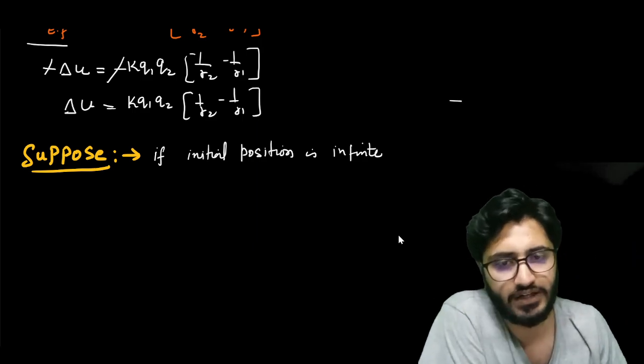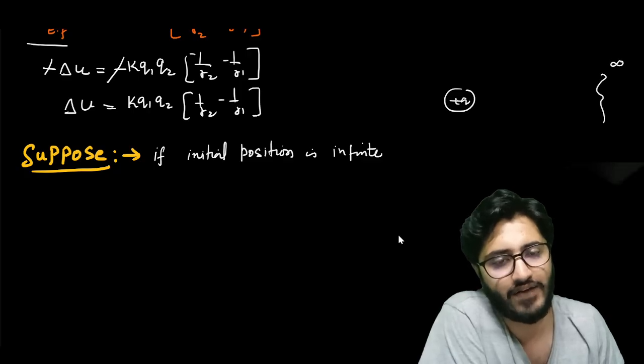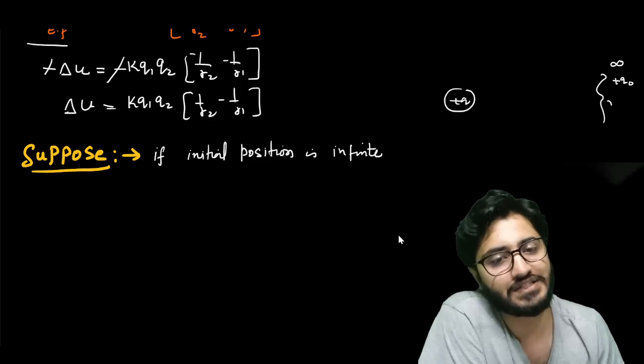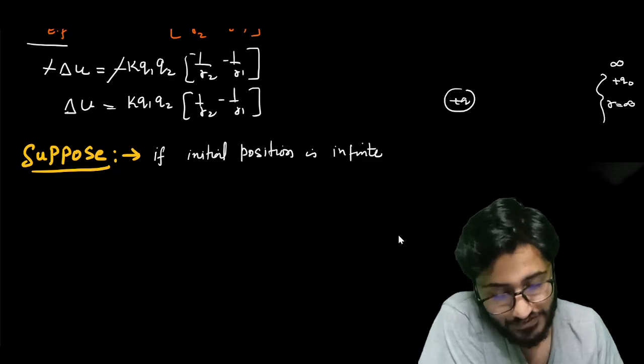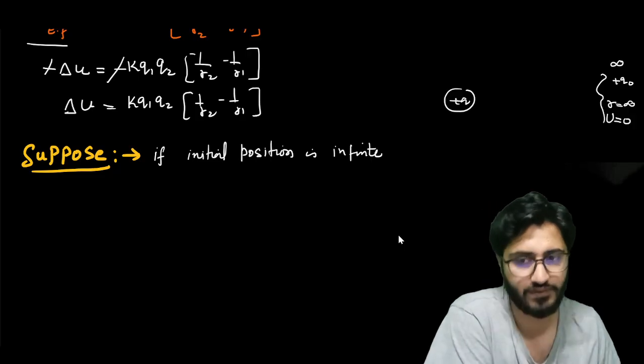So look, it is my plus q, and here is my infinite. I have a charge particle plus q naught. Let us suppose infinite means here my distance is infinite, and at the infinite position my electric potential energy will be 0. Just note it down.